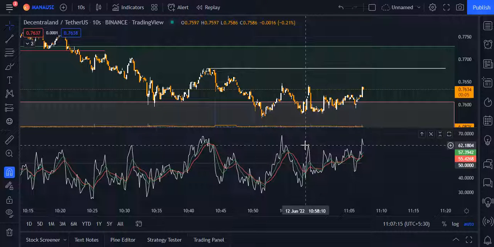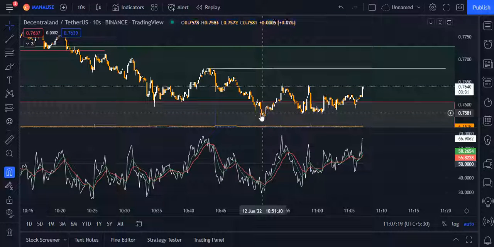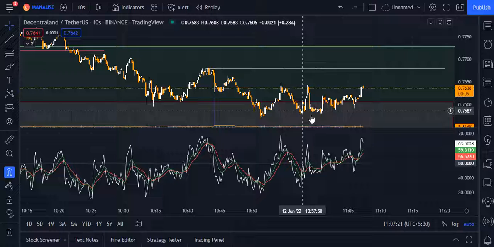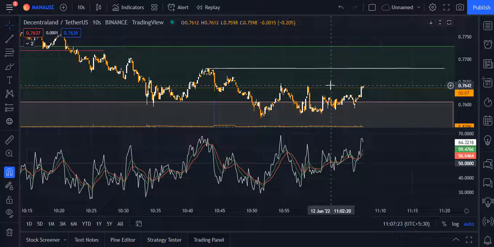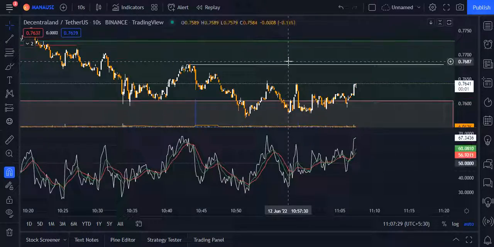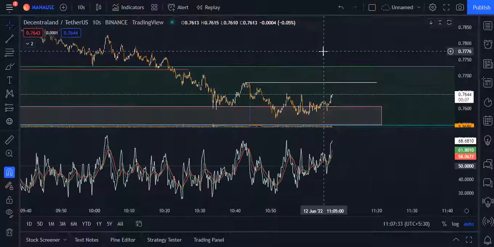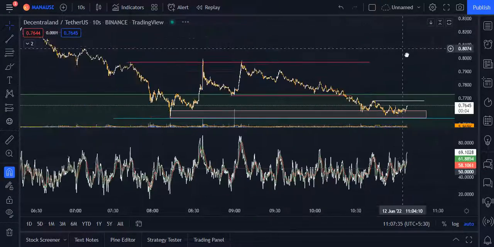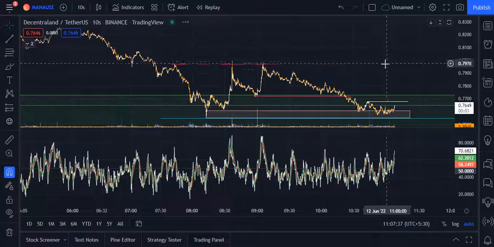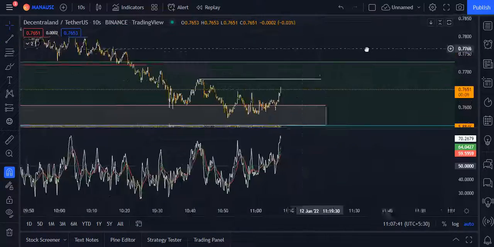So here, in the 10 seconds, we are taking support from these small OBs over here. So perhaps we are gonna break this structure. This can be a small trade of 1 to 2 minutes, I guess, but the target can't be really high. It will be the high of the 1 minute.